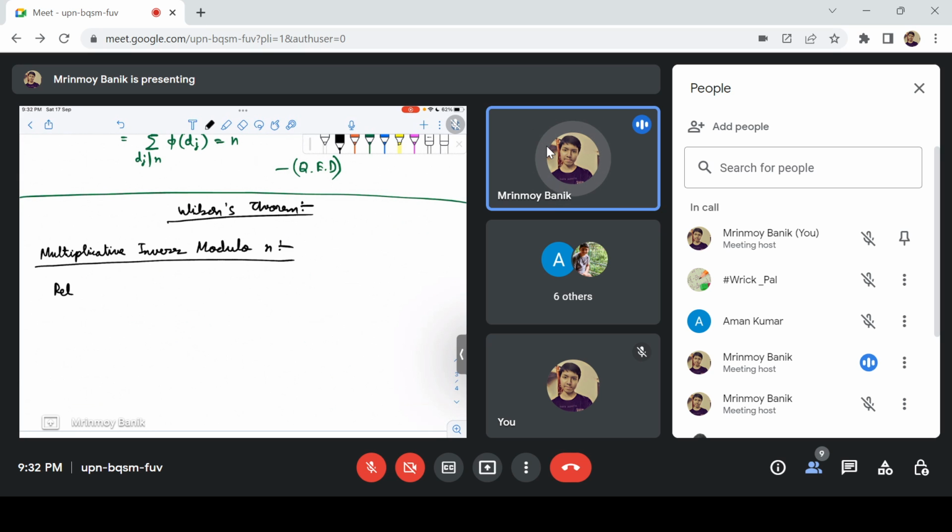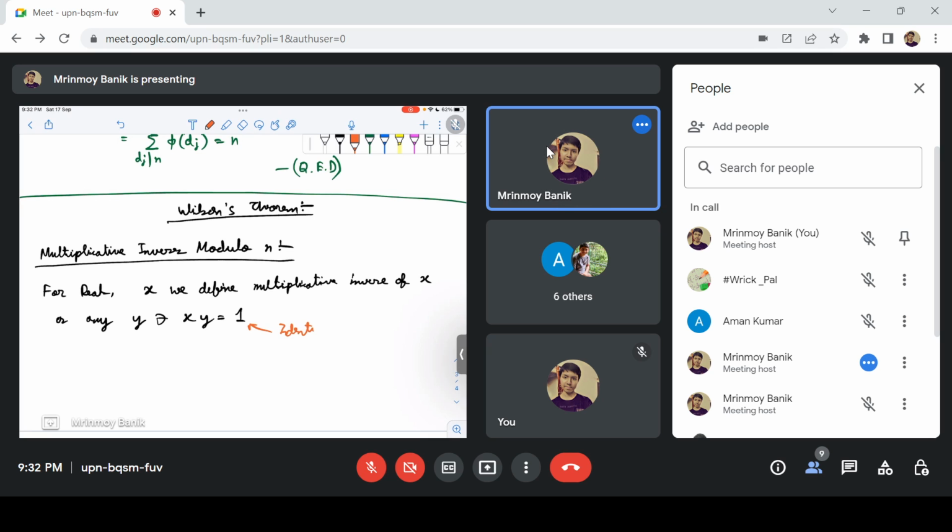For real numbers or rationals, suppose x is a real number, then we define the multiplicative inverse of x as any number y such that x times y is equal to 1, the identity of reals.